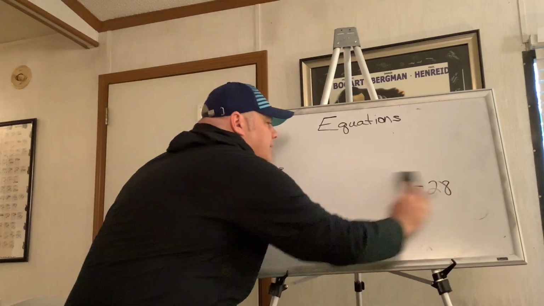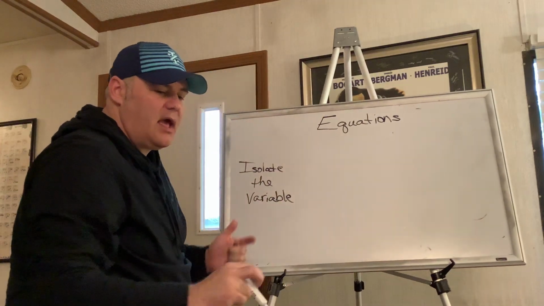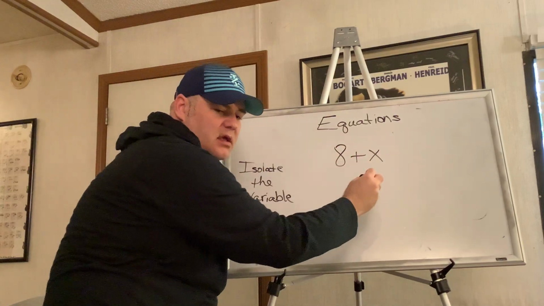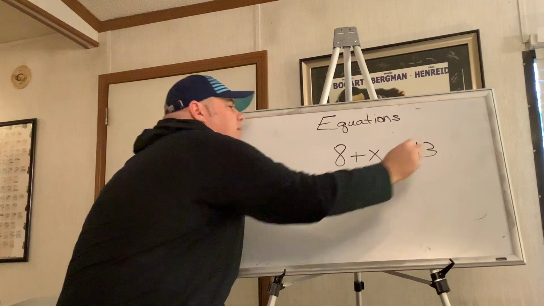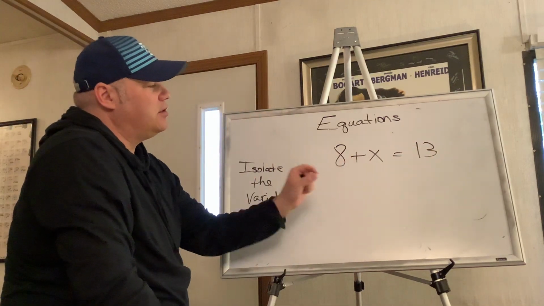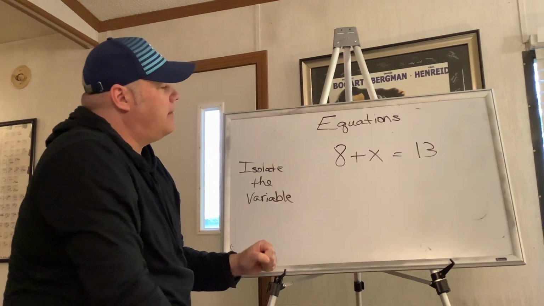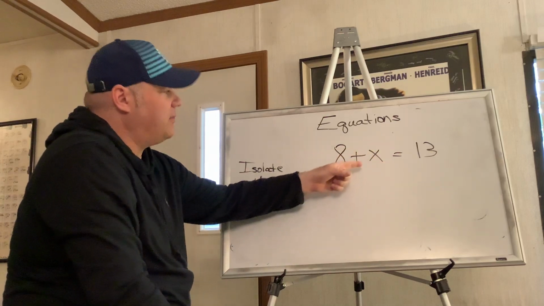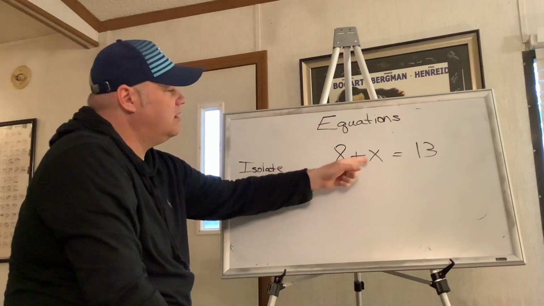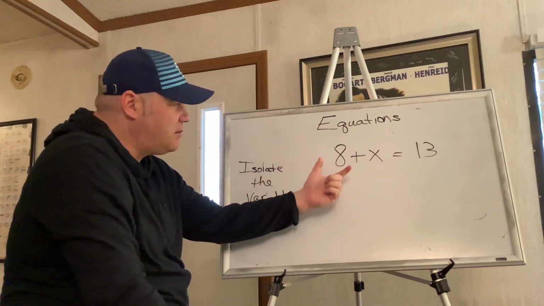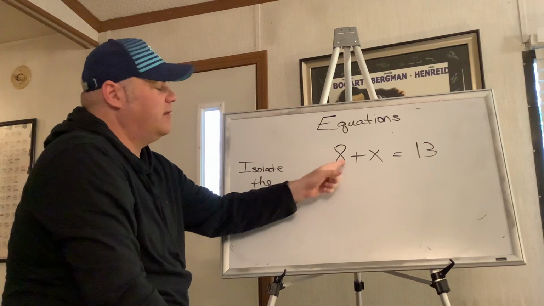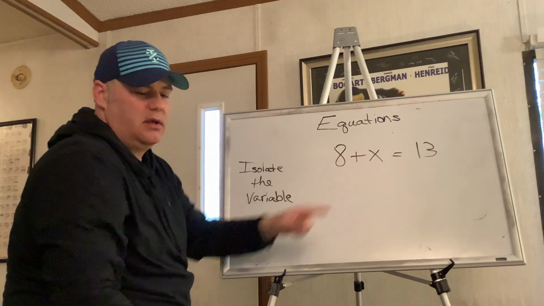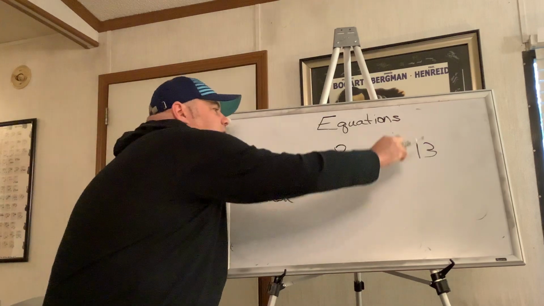Okay, now let's look at just a little wrinkle in this and switch places here with the numbers over here and show you that it's still the same thing though. I have a plus sign, I have this here, and in our head we probably could do this already. It's 5 again. But you know what happens when we're doing our process and we've got one that looks like this where this has been switched. Well, we still want to isolate the variable. We still have this side of the fence, okay?